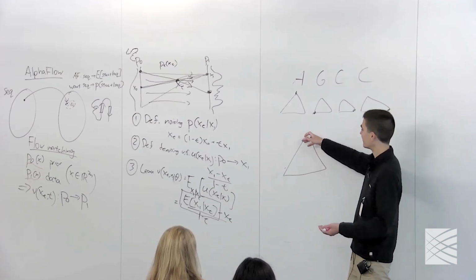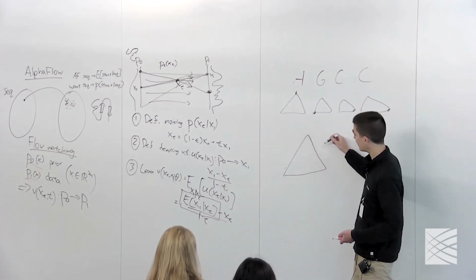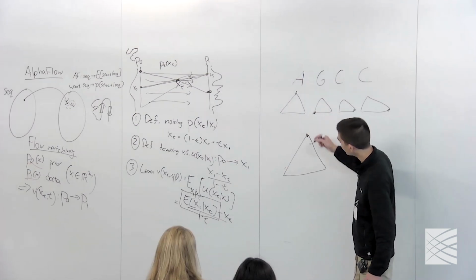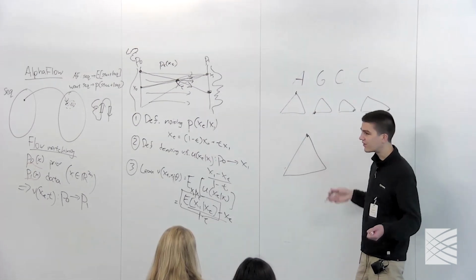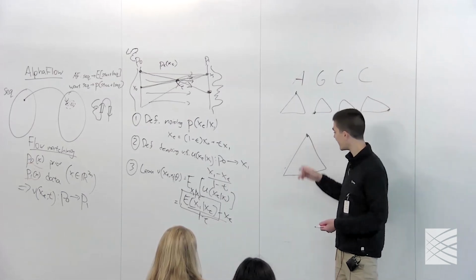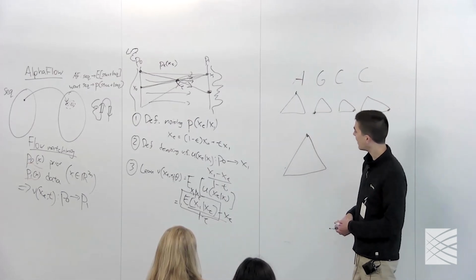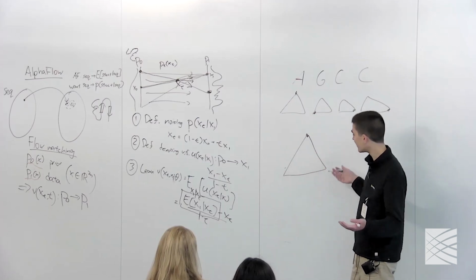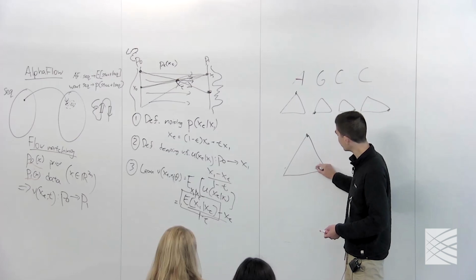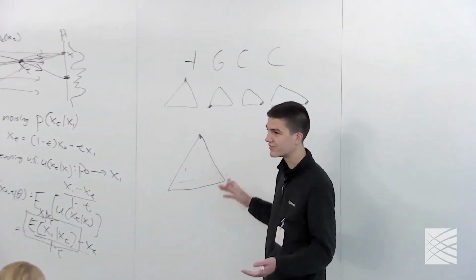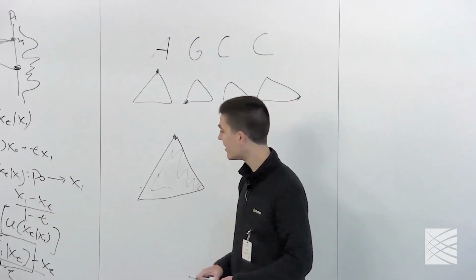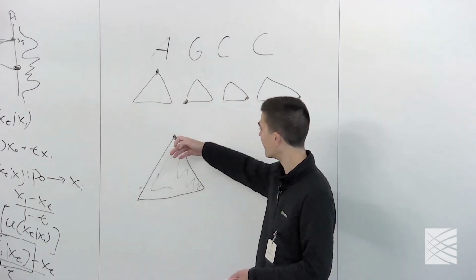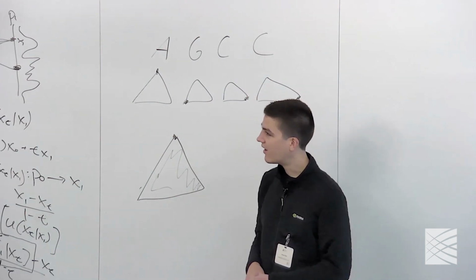For example, if the data point is an A for the simplex, then we would have this corner as our data point. And what we could choose as prior is, for example, a uniform distribution over the whole simplex.